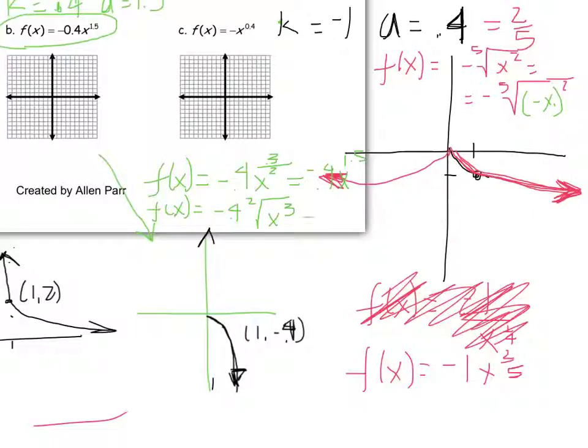Again, if I plugged in a negative x and did this, proving whether it's even or odd or neither, negative x times negative x times negative x would be negative x cubed, and then I can't take the square root of a negative number.